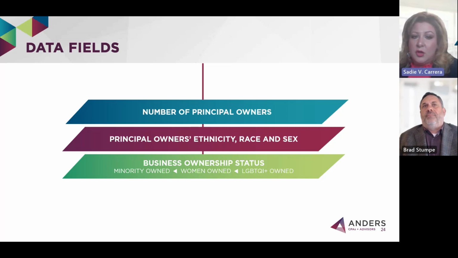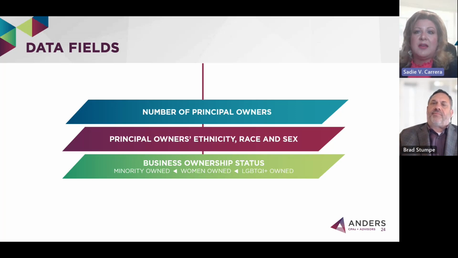Now, some disclosures we have to give while we're allowing our applicant to provide that information to us. You must provide the applicant with a definition of a minority, women, and LGBTQI plus owned business as defined in the rule. And again, it's included on that sample data form. And just as with collecting principal owners' demographic information, you have to maintain procedures reasonably designed to collect, again, applicant provided data.